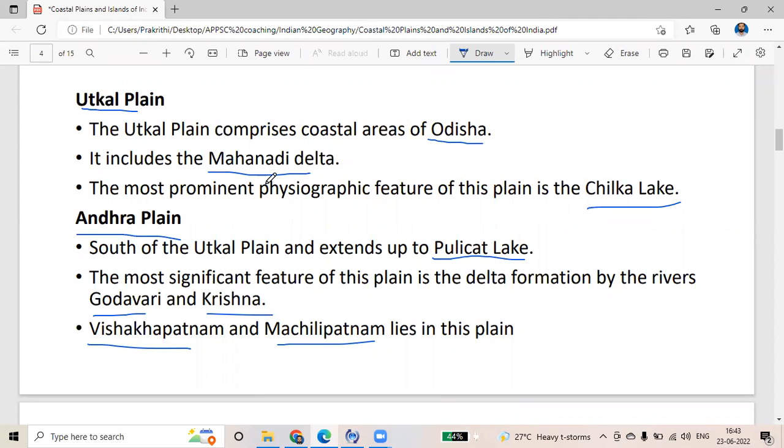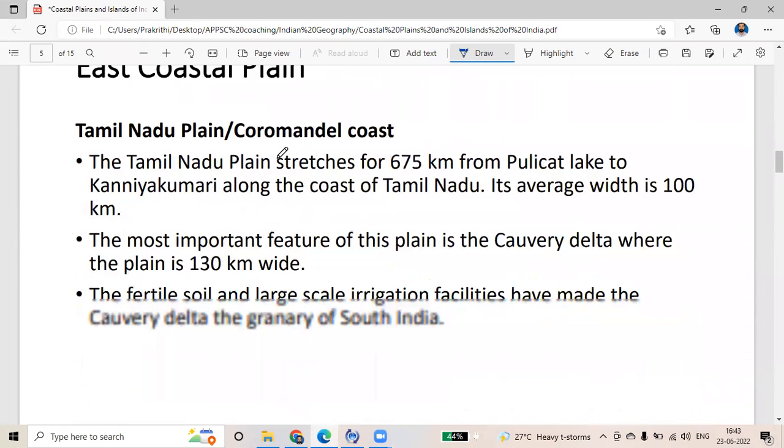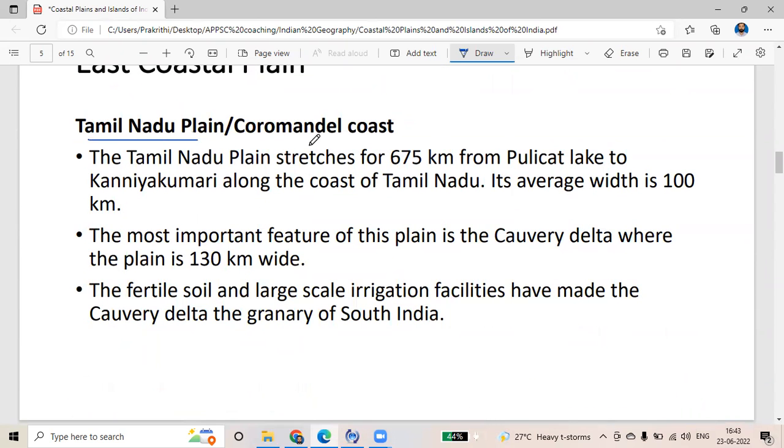After this Andhra plain, we have the Tamil Nadu plain or the Coromandel plain. It stretches for 6,675 kilometers from Pulicat Lake to Cape Kanyakumari. The entire plain is on the coast of Tamil Nadu, the southernmost state of India.